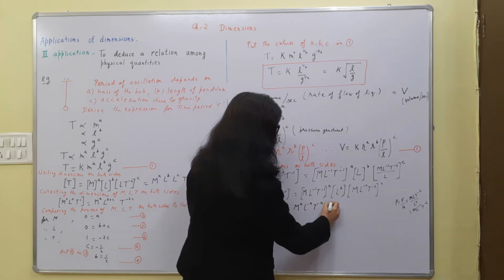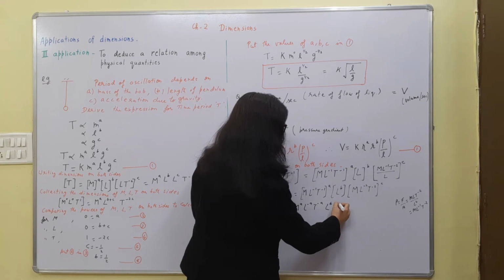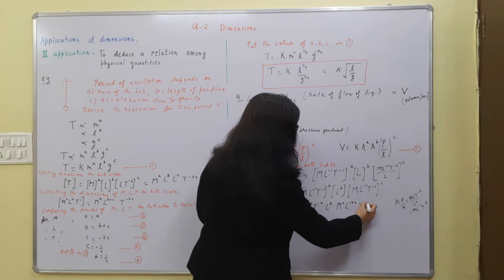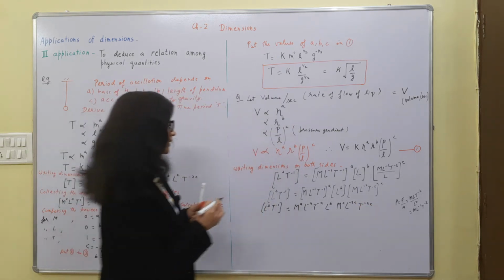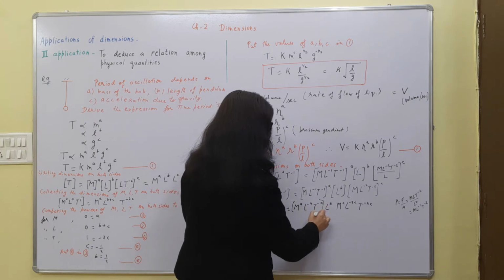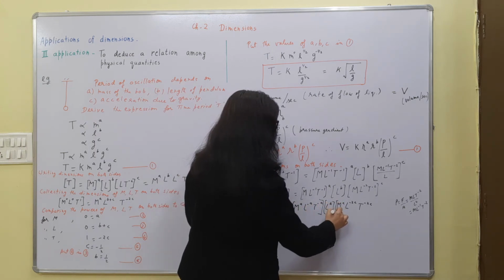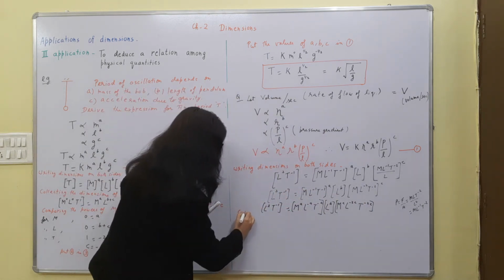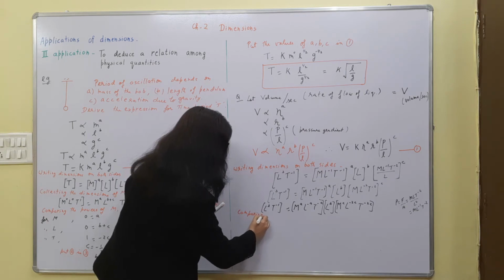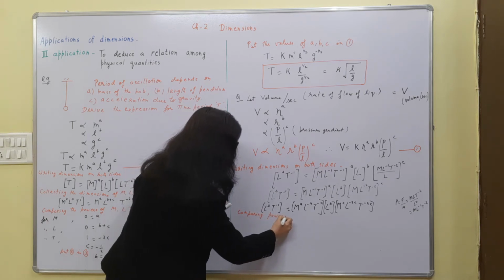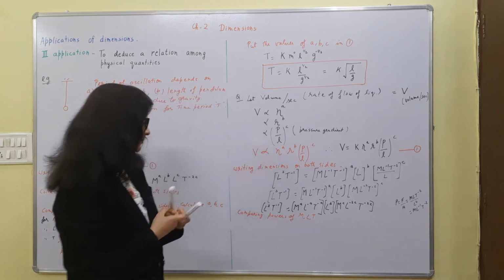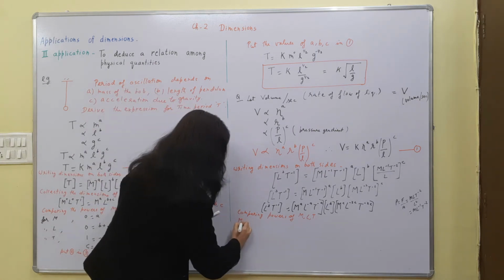Here it is L to the power b. This is m to the power c, L to the power minus 2c and t to the power minus 2c. We'll collect these powers of m, L and t on both the sides, right? So comparing powers of m, L and t on both the sides, for m, for L, for t, we'll calculate it.